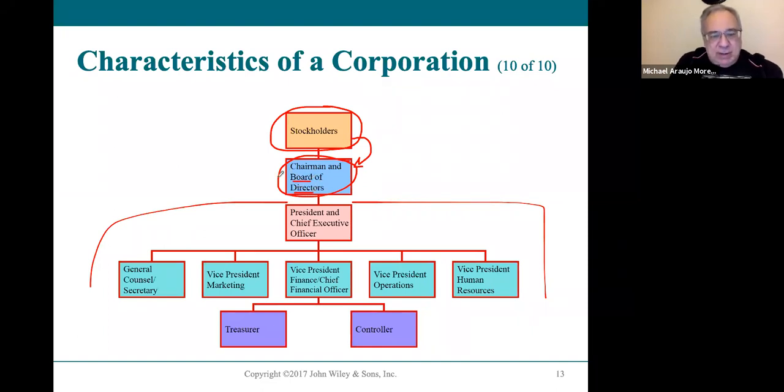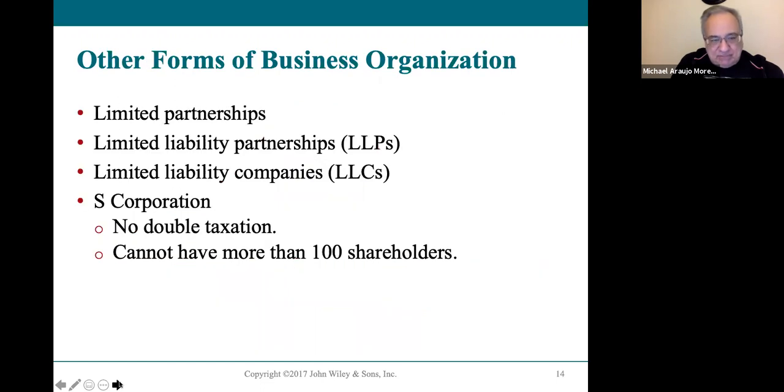The board of directors are supposed to create broad policies that make the owners wealthier. It's also the board of directors that hires the upper management, so the president, CEO, all the VPs. They hire the management team to get it done. So that's how that structure works in general.